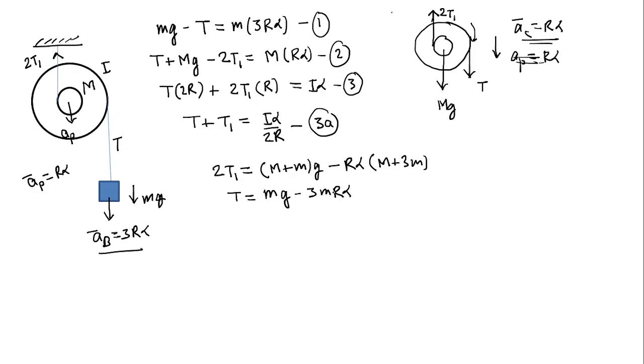Okay. So putting this in 3a, T1 value got, T value got. Now you put both these values in equation 3a. So you get mg minus 3m r alpha plus (M plus m)g by 2 minus r alpha upon 2 times (capital M plus 3m).